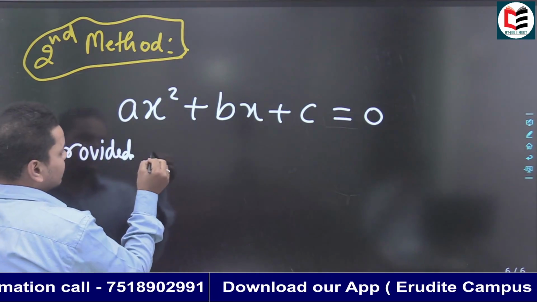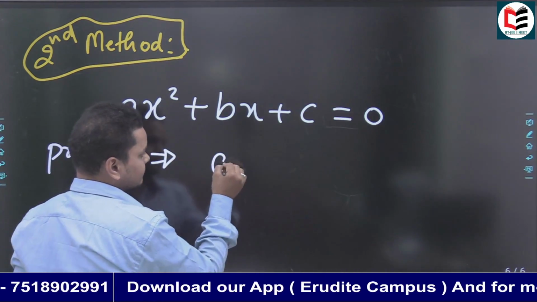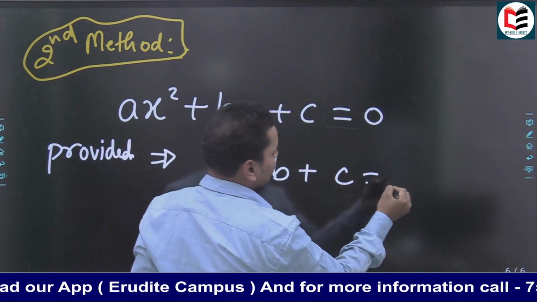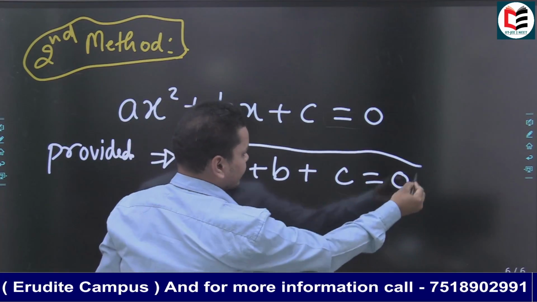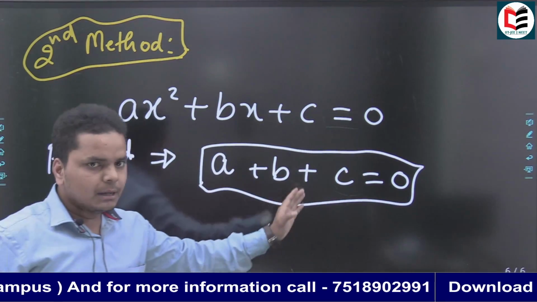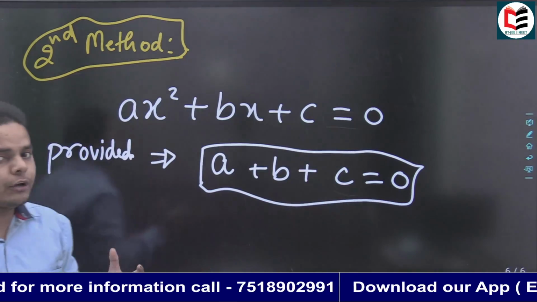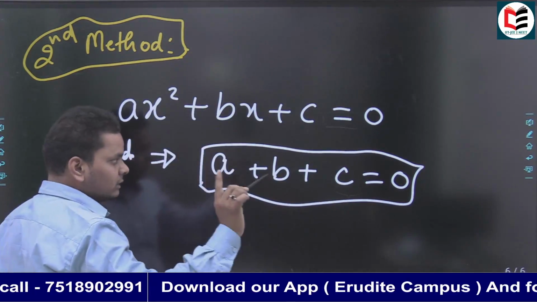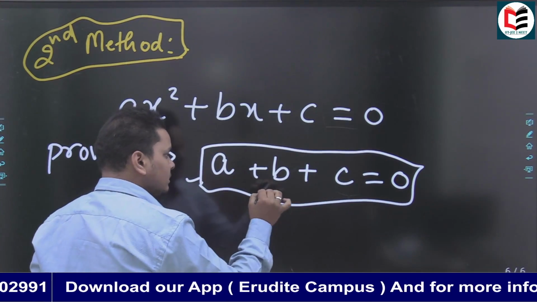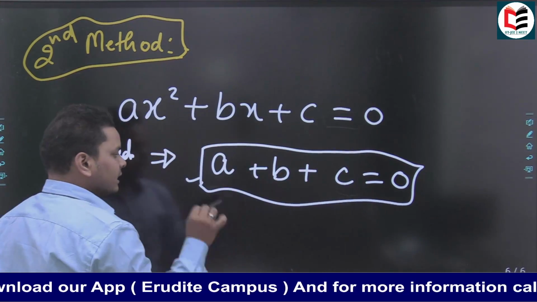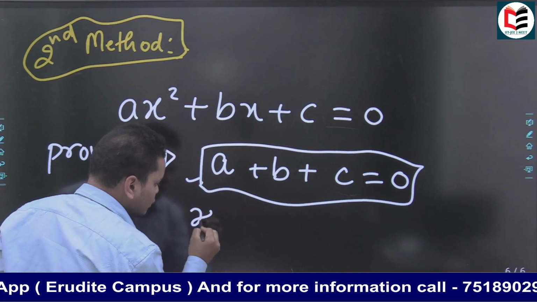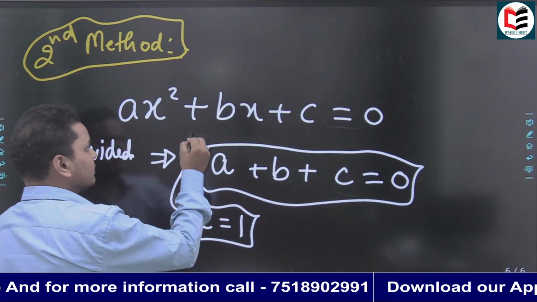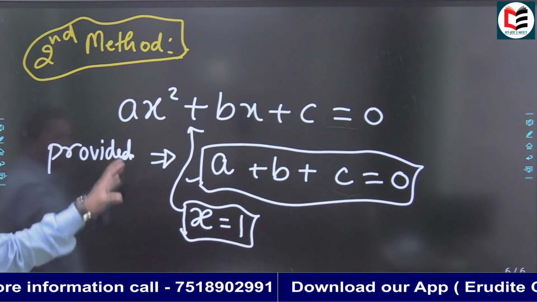Note that point: if a + b + c makes 0, then, as I have already told, there will be a solution x = 1 of that quadratic equation.